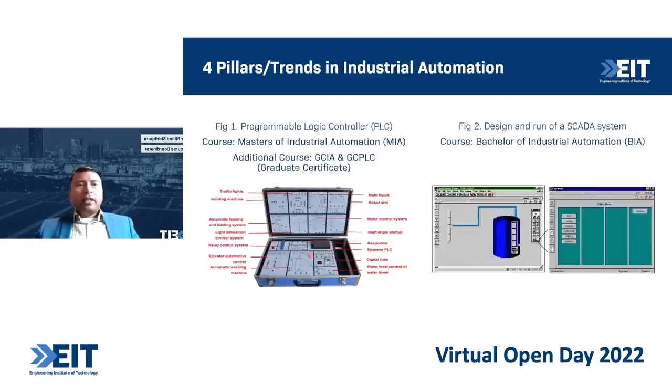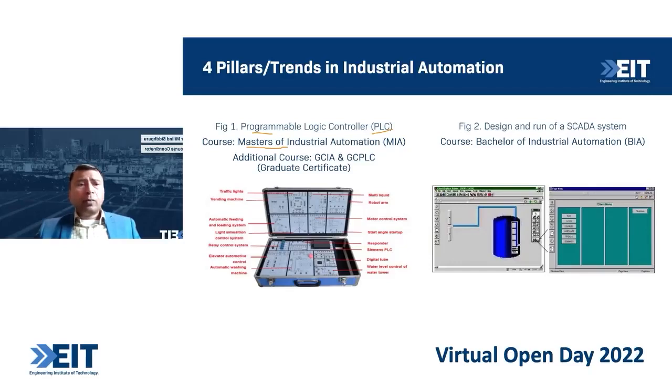So, okay, this one is showing you 4 pillars or trends in industrial automation. The first picture, what you can see here, is of a PLC. Programmable logic controllers are heavily used in industrial automation or smart factories. This is covered in our Masters of Industrial Automation.